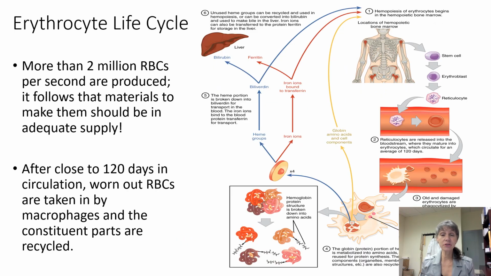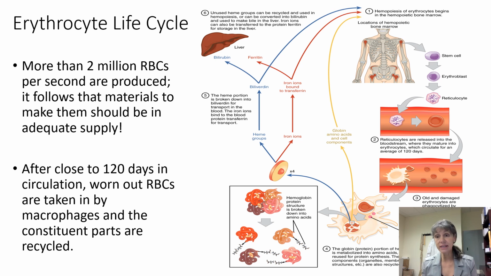When it comes to erythrocytes, there are certain things that the body needs to be able to put these cells together. For instance, we need iron for the heme groups. We need copper because that helps the body make heme. And we also require zinc because zinc acts as a coenzyme to, again, produce the heme portion of hemoglobin.